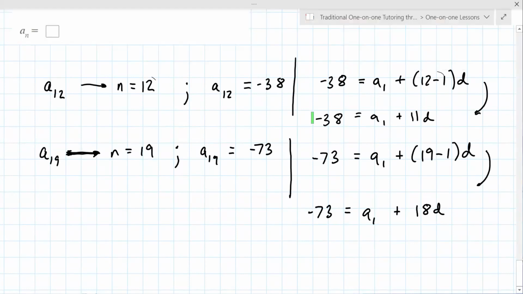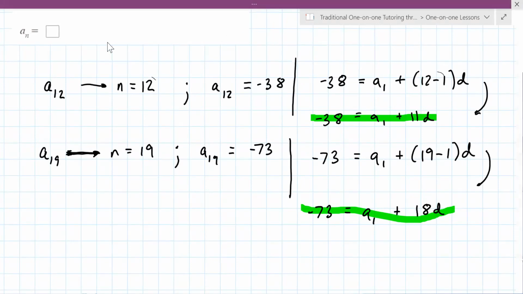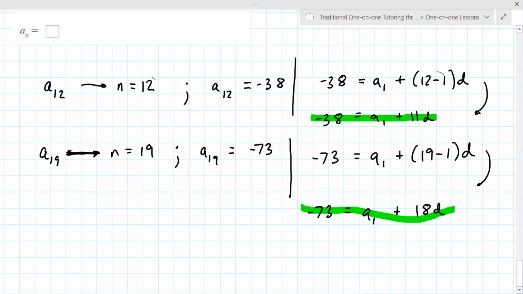I'm going to highlight this line and this line. Hopefully you see that they're slightly different. I'm going to rewrite them because we need to put them on top of each other.